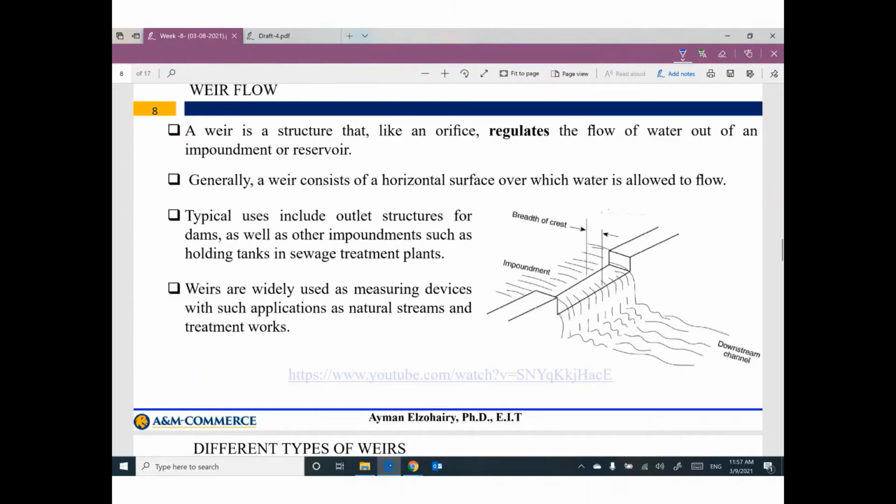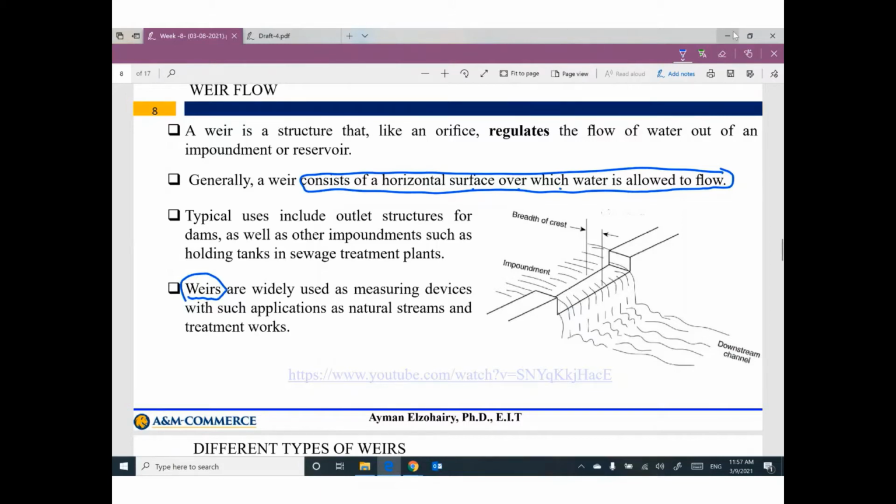Generally, a weir consists of a horizontal surface over which water is allowed to flow. These weirs are widely used as measuring devices. We can use them to measure discharge.